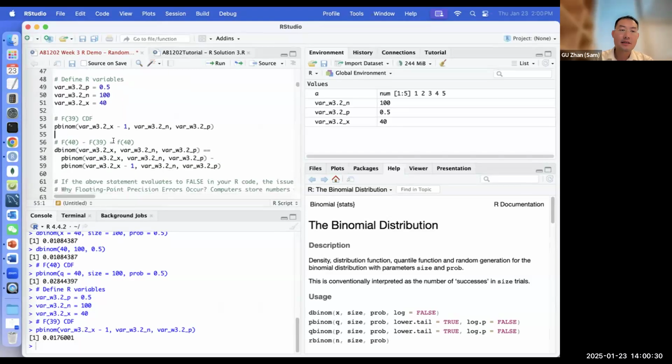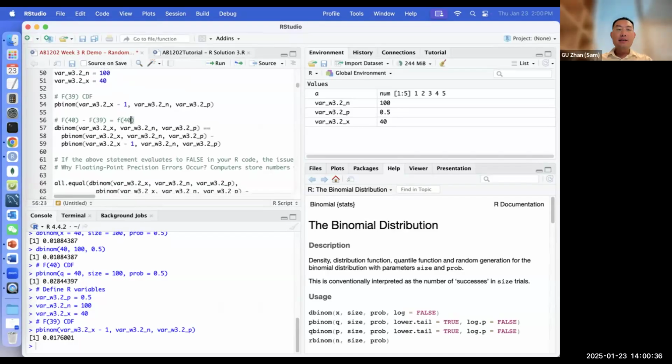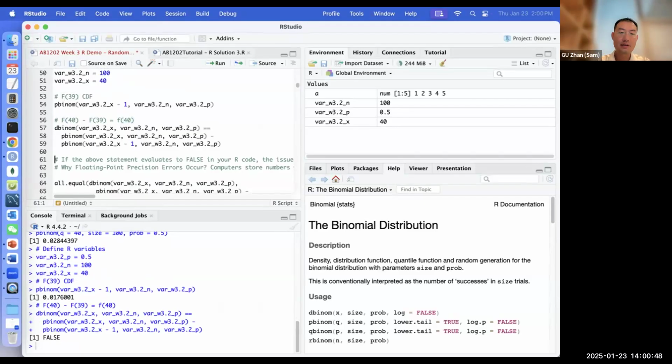What I see next is the probability to get exactly 40 heads is equal to the big F40 minus the big F39. So you will get the probability of F40. You run it. It says whether this value is equal to that value.